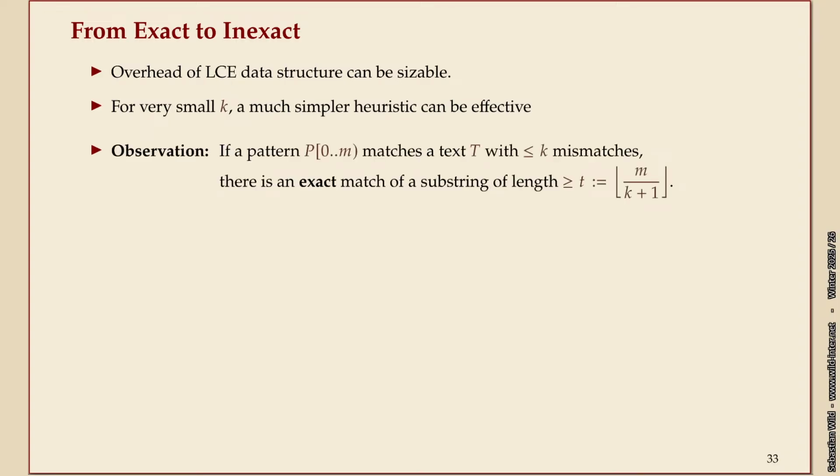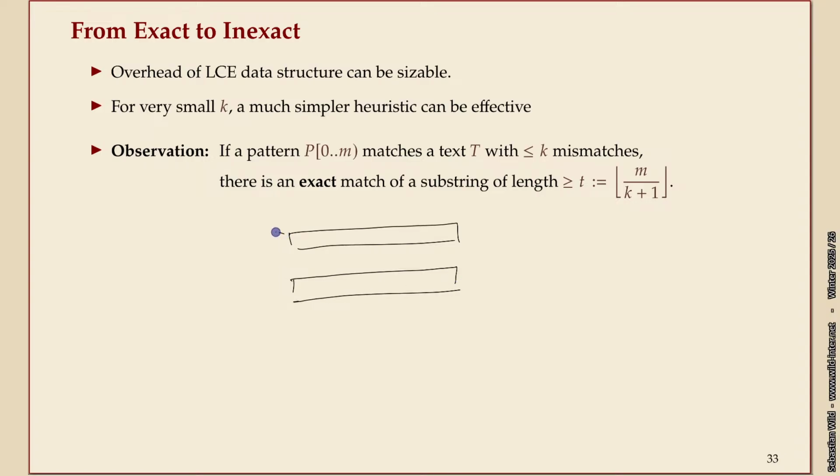For very small k, we can do another trick that doesn't have strong guarantees in the worst case, but seems to work reasonably well or very well for bioinformatics data. That's the following observation. If you have a pattern and it's supposed to match some position in the text with at most k mismatches, then let's draw this so it's immediately clear.